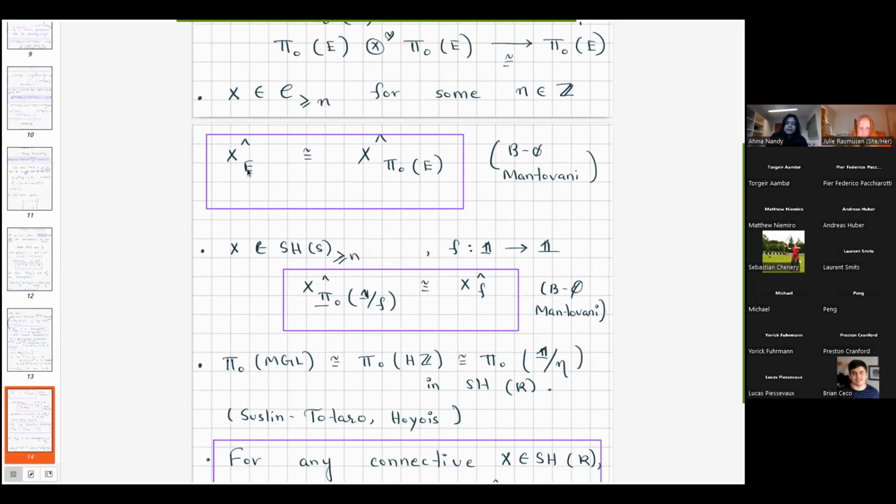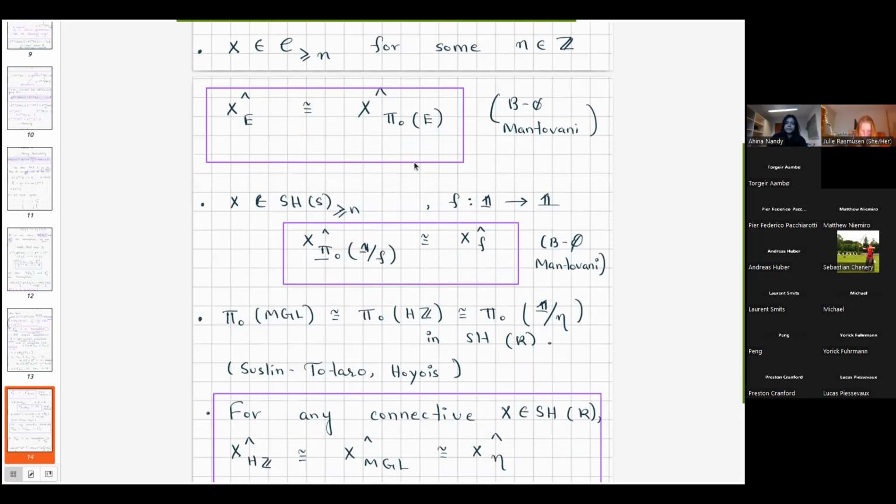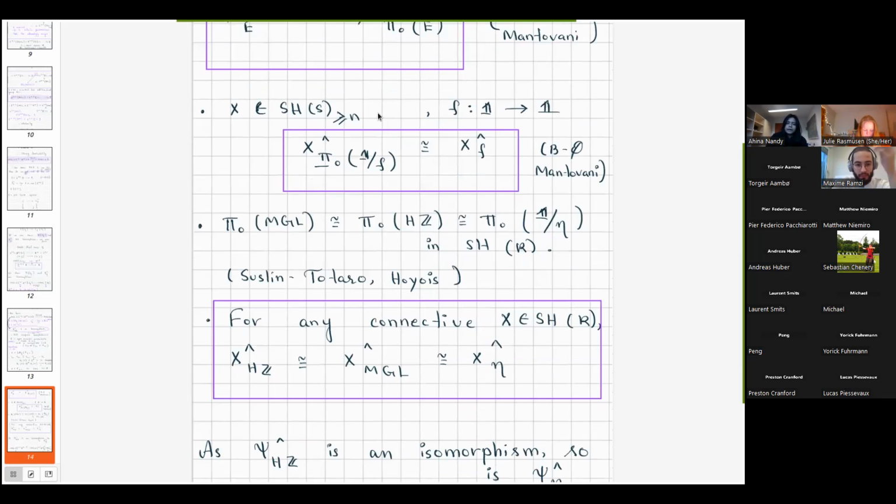So that means if you put in HZ, motivic cohomology, completing something with respect to motivic cohomology is the same as completing with respect to the zero truncation of motivic cohomology. Again, there are some adjectives missing, but since I'm not going into the detail, we don't care about it.